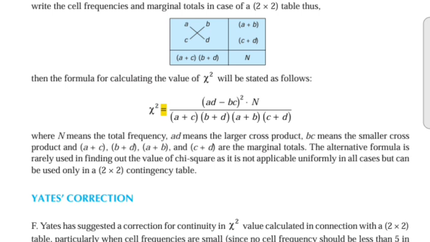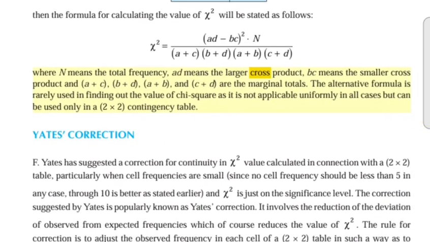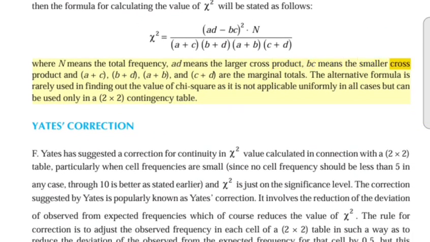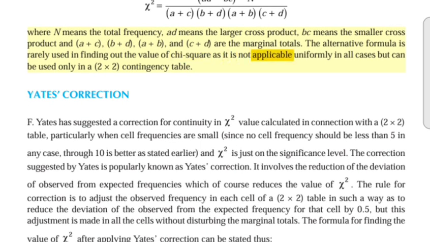Where N means the total frequency, ad means the larger cross product, bc means the smaller cross product, and a plus c, b plus d, a plus b, and c plus d are the marginal totals. The alternative formula is rarely used in finding out the value of chi-square as it is not applicable uniformly in all cases but can be used only in a 2 times 2 contingency table.